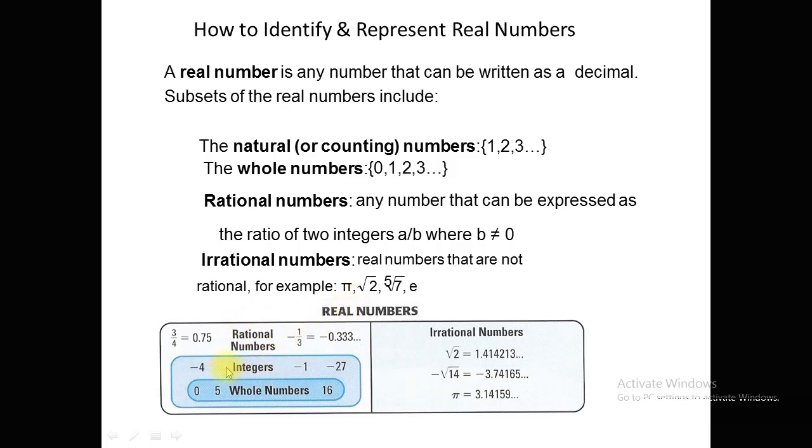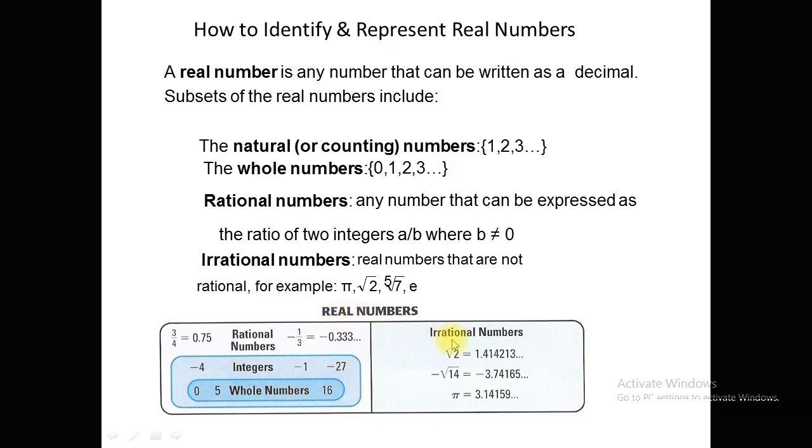And the set of integers, like minus 4, minus 1, minus 27, plus 4, plus 1, plus 27, are integers, and all integers are also real numbers. The set of whole numbers is also a subset of real numbers. For example, 0, 5, 16 are whole numbers and also real numbers.